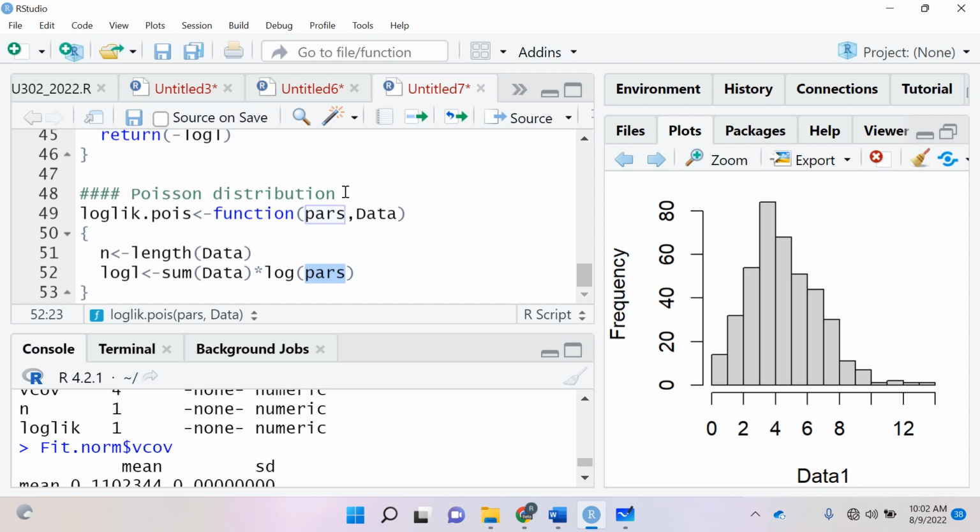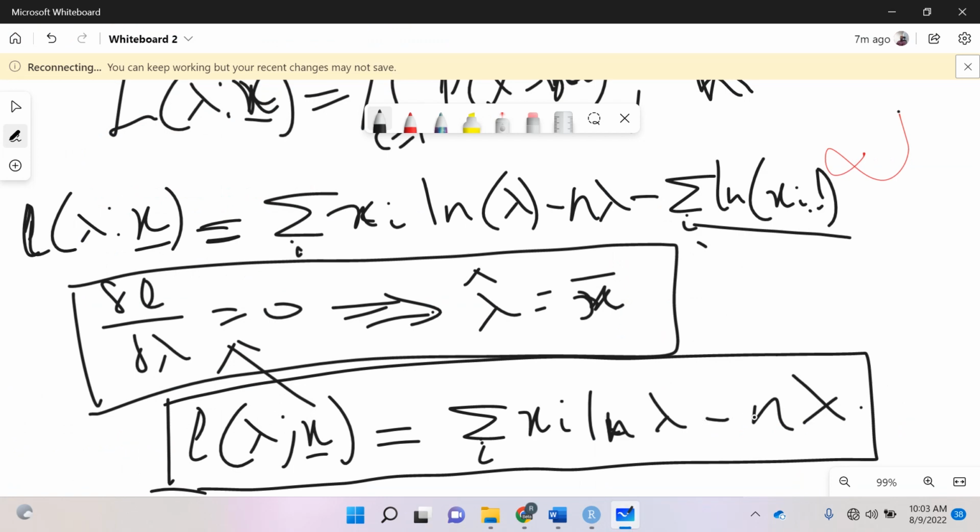So two ways: I can put lambda here, or I can say lambda is equal to the first parameter. Let me just put lambda to make things easier. So that's the first part, and then minus n times lambda. That one is not log. So that completes our log likelihood function.